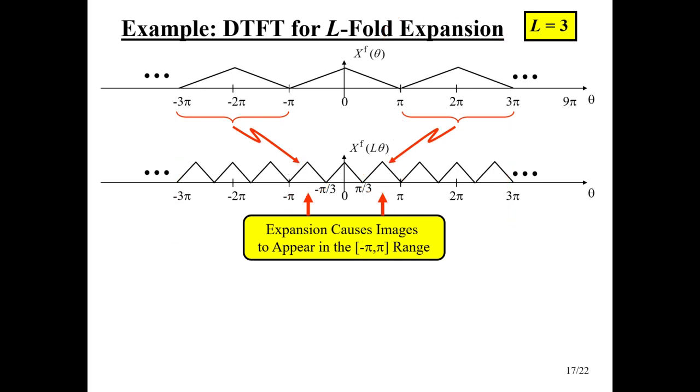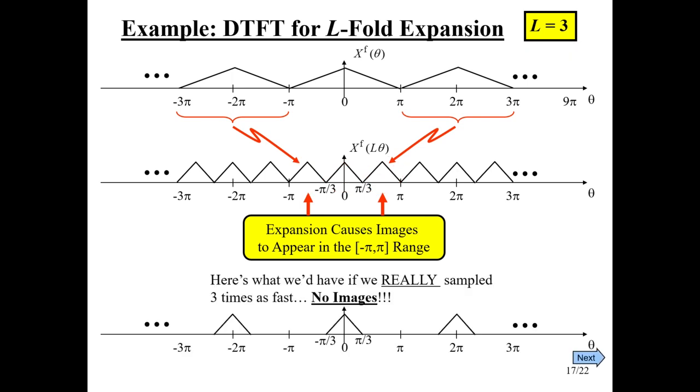So we get, in this case, for L equal to 3, our original spectrum plus 2 spectral images. That's what we'd really like to have if we really sampled 3 times as fast. We'd like these images to be gone. So we're going to see how to fix that.